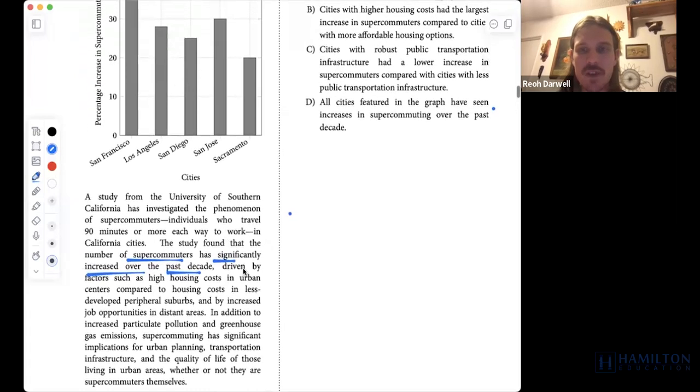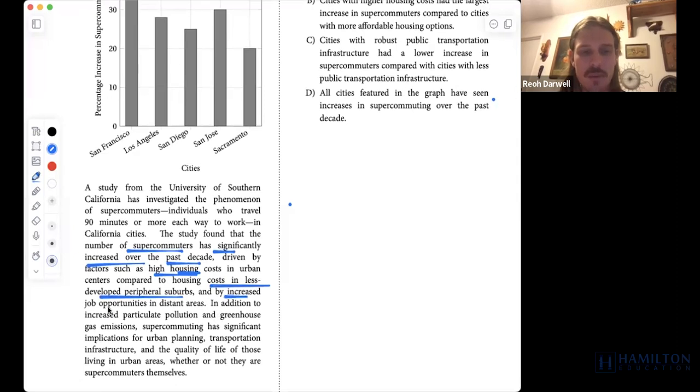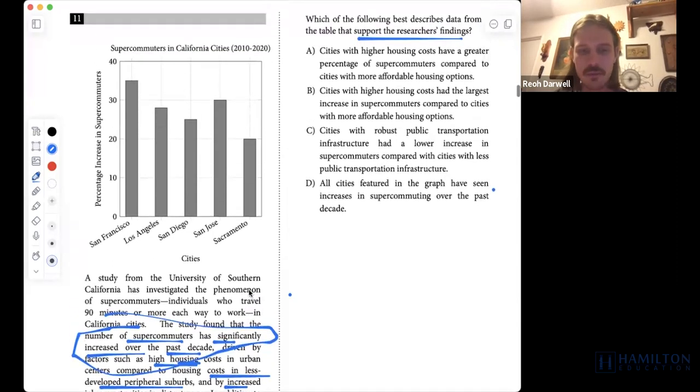Now they say that this is driven by factors including high housing costs in urban areas as opposed to less developed suburbs, increased job opportunities, etc. But the most important thing that they found is this, right? That supercommuters have significantly increased over the past decade. So these supercommuters have gone up.